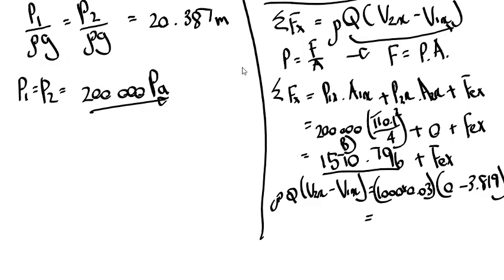You could store this in B. Okay, let's do the second part, which is 1,000 times the 0.03, close the bracket, multiply bracket 0 minus 3.819, that value that you stored, which will be alpha A, and that should give you a negative 114.591.